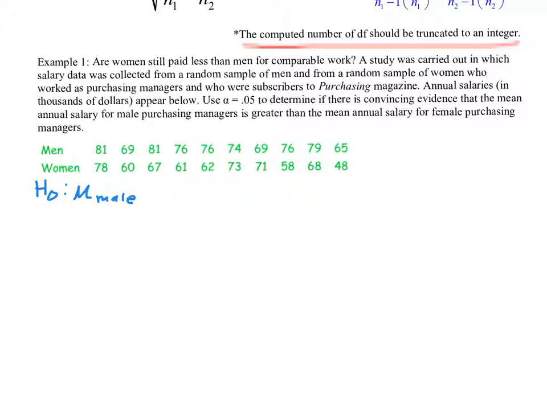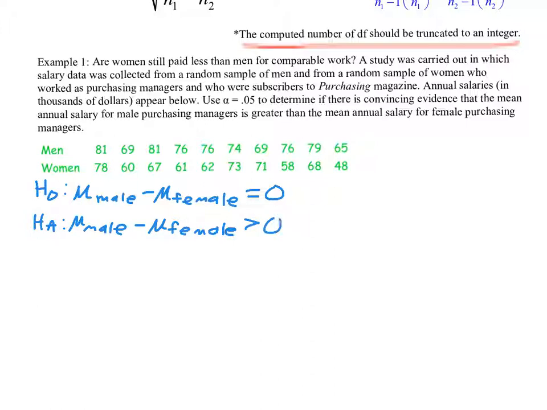So mu for the males minus mu for the females equals 0. And then our alternative is that mu for the males minus mu for the females is greater than 0. So they ask is there evidence that the salary for males is greater than the salary for females? So if it's greater, that means when you do male minus female, it should be positive or greater than 0.